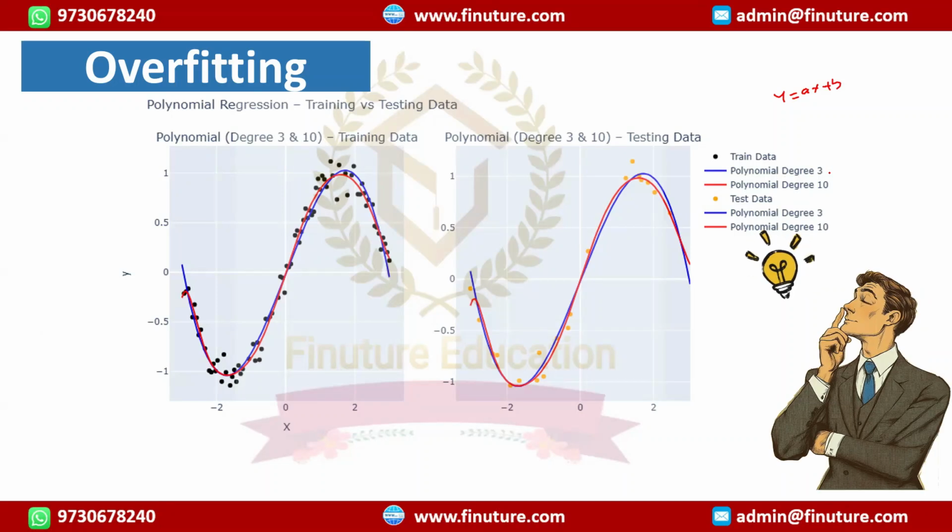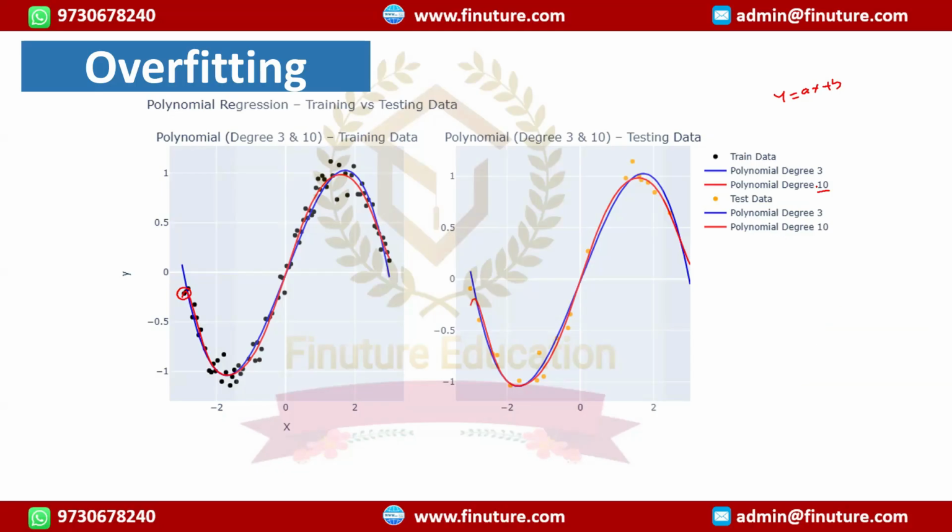And if you go higher, say you come up with a polynomial of order 10, it will fit better. Let's say, for example, these two black dots here were not captured by the blue line, which was not capturing them properly. This red line captures almost all the dots as much as possible.